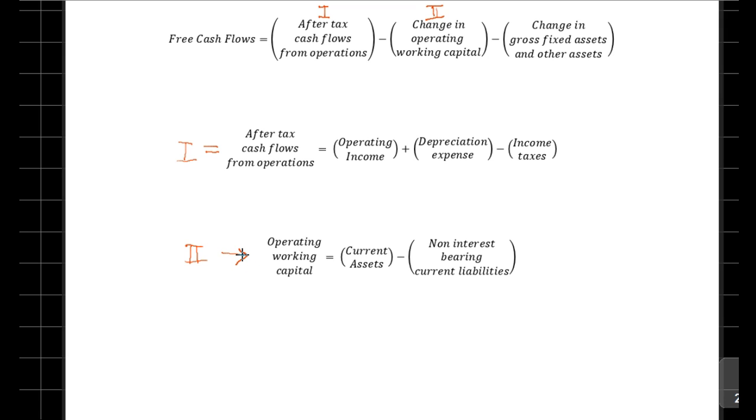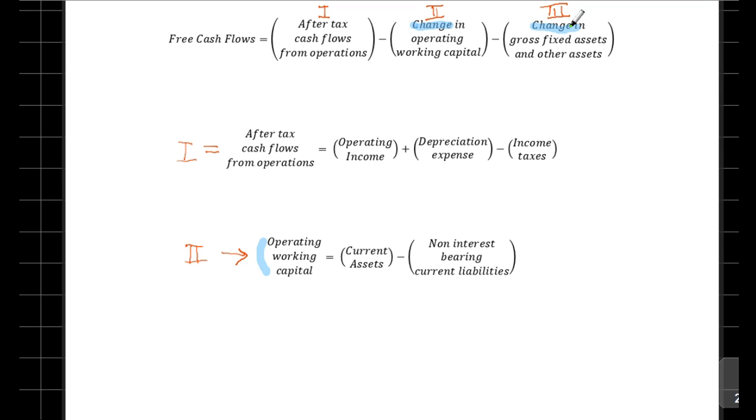In this case we need to be extra careful, because we are supposed to come up with a change. So we need to calculate this formula of operating working capital for 2 years. It would be the same for the third part of our formula, in which case we need to come up with the change in gross fixed assets and other assets as well. That one should be much simpler.